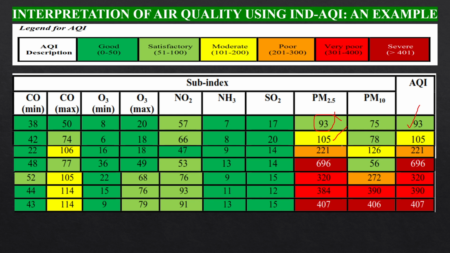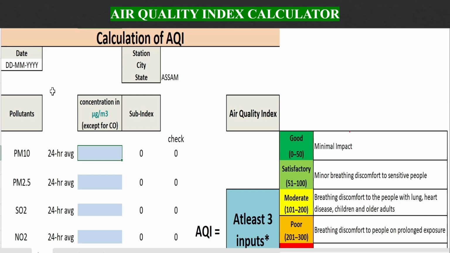Accordingly, the overall air quality index is based on the maximum of the individual pollutant sub-indices.